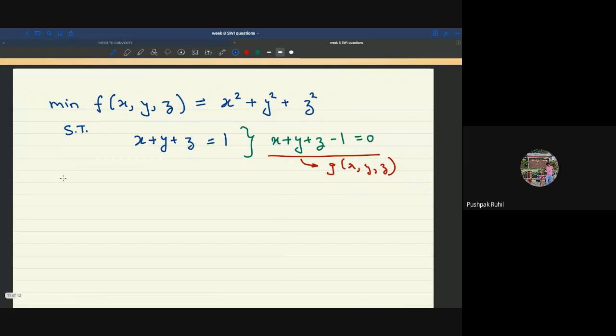Now we have the function f of x, y, z, and we have the function g of x, y, z. So what is the equation that we can form out of it?